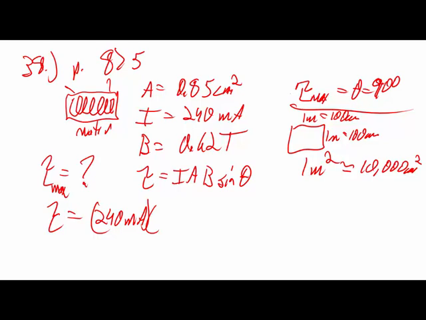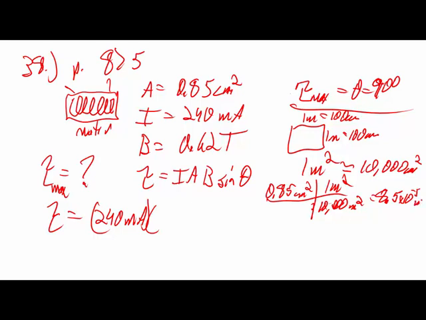So we just do some dimensional analysis here. We know that 0.85 centimeters squared, let's just do some factor labeling here. Well, we know that 1 meter squared is equal to 10,000 centimeters squared. And so we divide 0.85 by 10,000, and what do we get? 8.5 times 10 to the negative fifth meters squared.